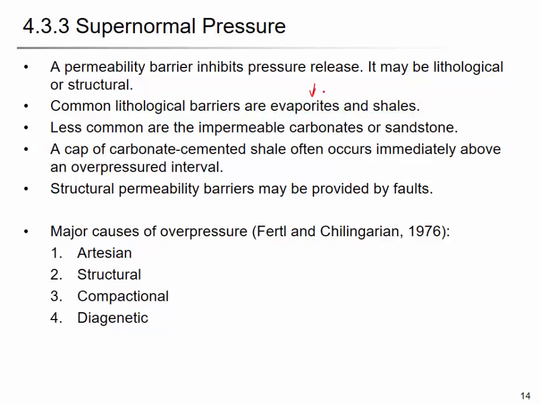So this is the salt dome. And the shale can be a cap rock, a lithological barrier. Less common are impermeable carbonate or sandstone. A cap of carbonate-cemented shale often occurs immediately above the overpressure interval.